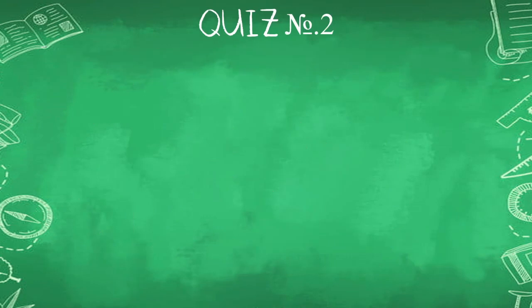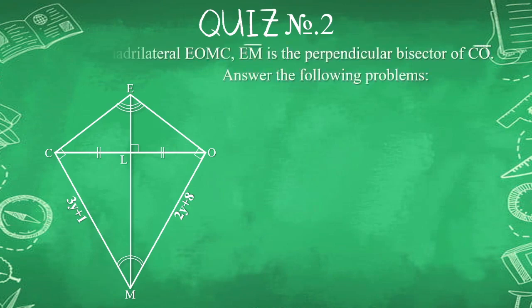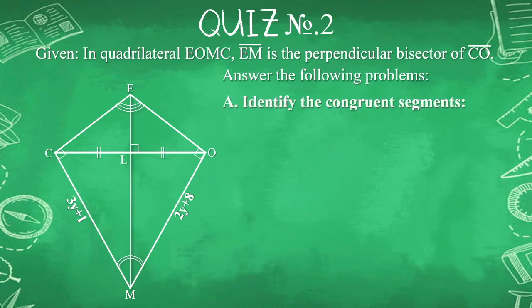We're not yet done. Challenge yourself with quiz number 2. Ready? Go! In quadrilateral EOMC, segment EM is the perpendicular bisector of segment CO. Letter A. Identify the segments congruent to segment EM, segment LM, segment CE, and segment LO.